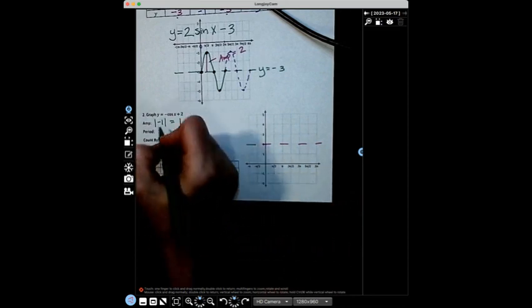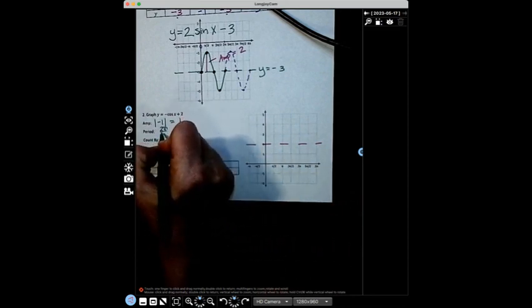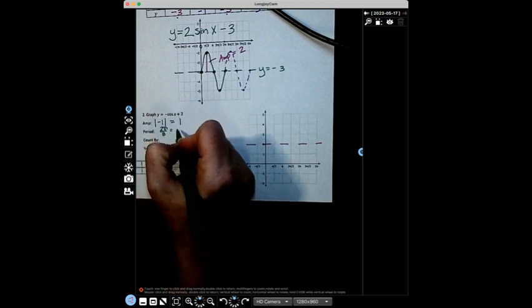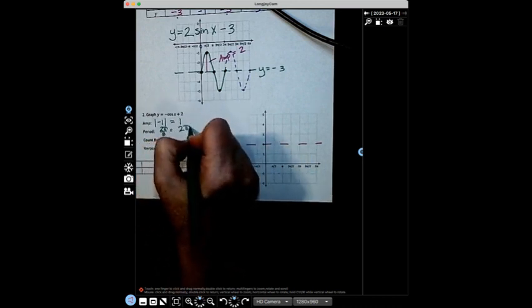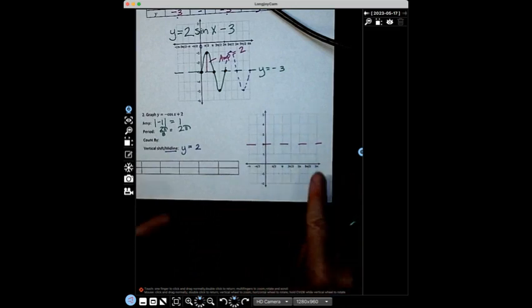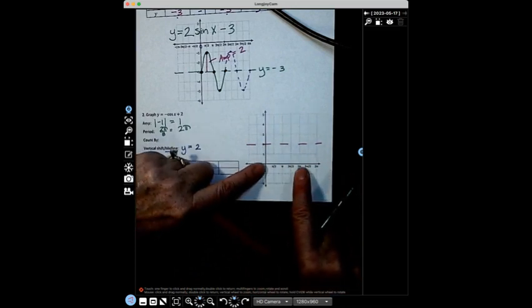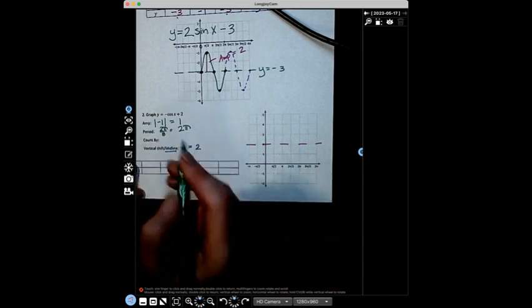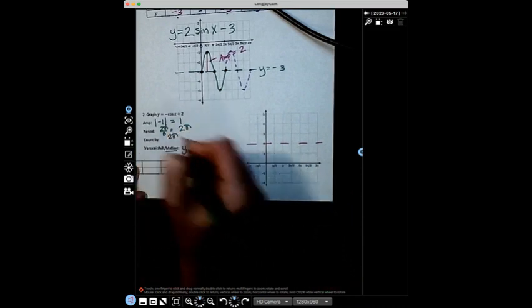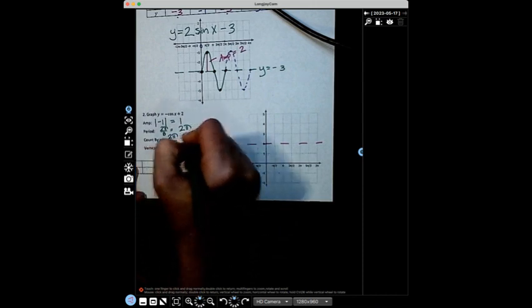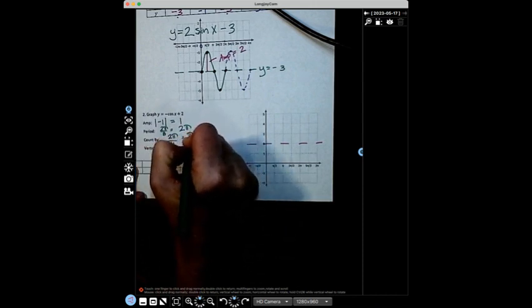The period, remember, 2 pi over B, which equals 2 pi, right? The period's going to be 2 pi. So we're going to have 1 full cycle in 2 pi. And then the count by is the period divided by 4, which is pi over 2.